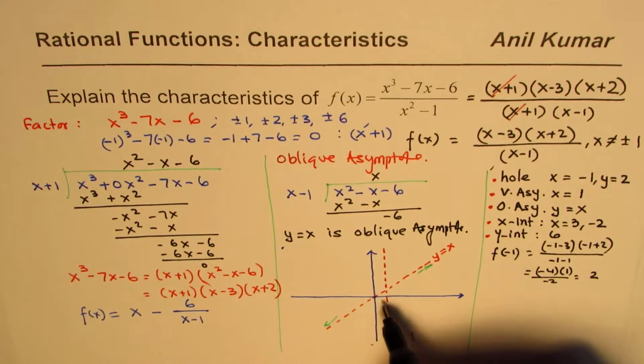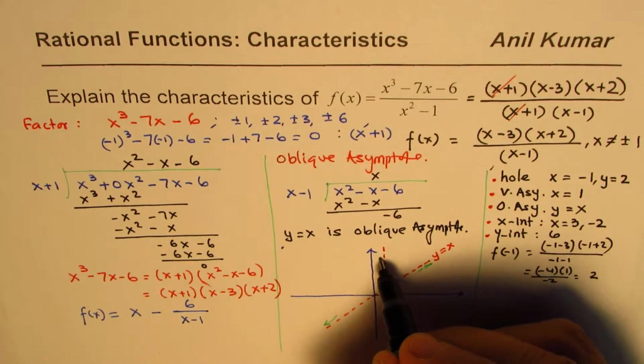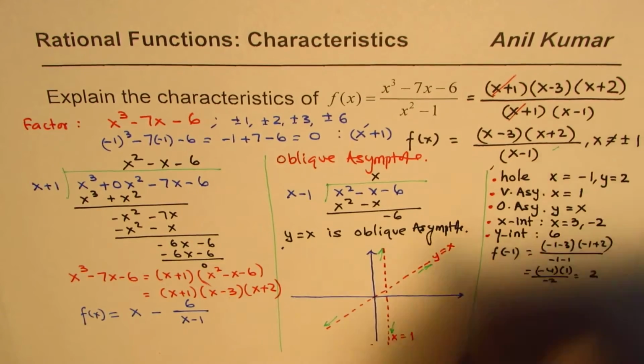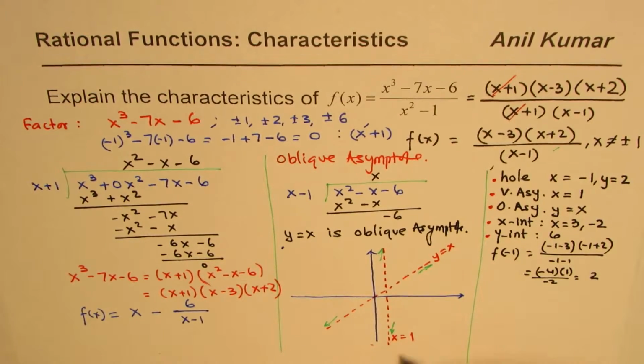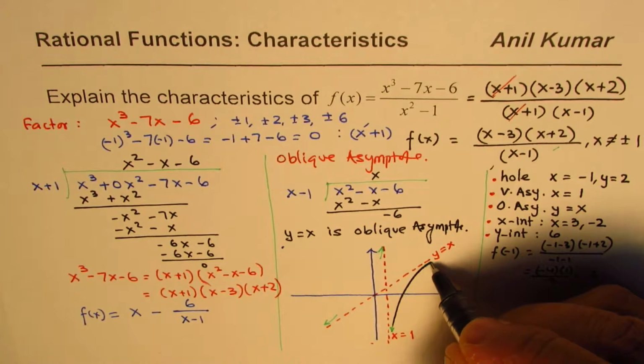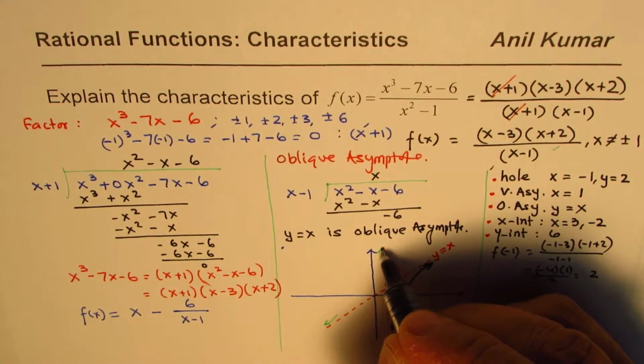On the other hand, if x is less than 1, you could use the factored form, and you can find that the behavior is kind of like this. For vertical asymptotes, that is a better equation to use. All this concludes that the graph of the function could be given kind of like this.